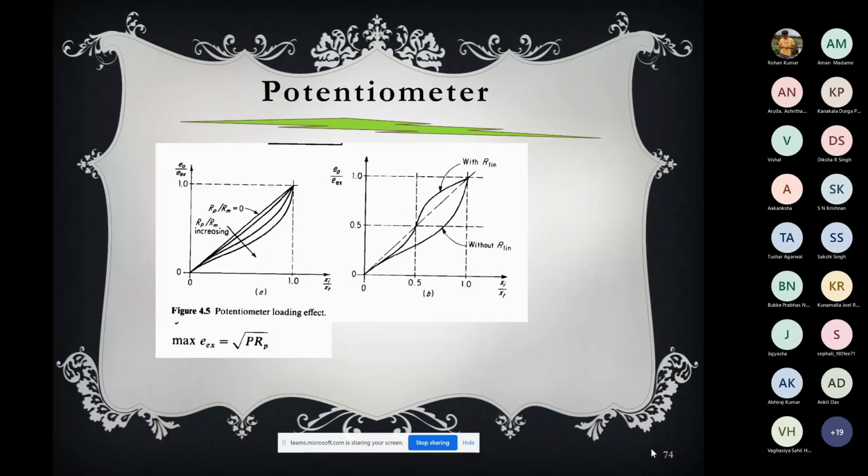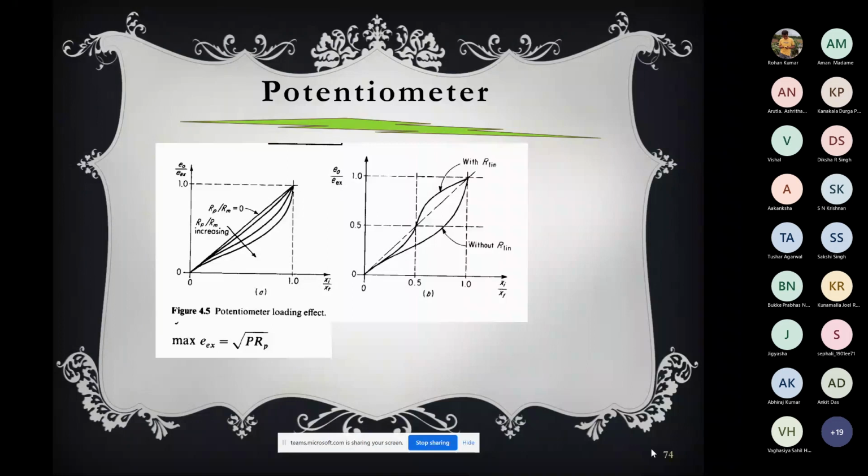No, because the potentiometer has some power rating, and heat dissipation depends on it. It cannot go beyond the power rating. If it does, the heat dissipation will be more and the potentiometer will be damaged or melt. So let's say the maximum heat dissipation the potentiometer can have is limited to P watt.